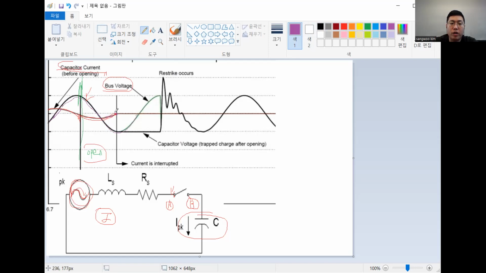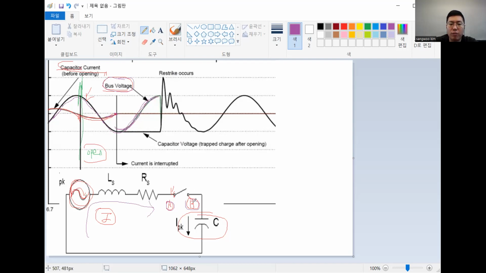At this point the current has disappeared, right? But look at A point: it follows the bus voltage, because it is connected. But this side is open. So A follows the bus or source voltage.